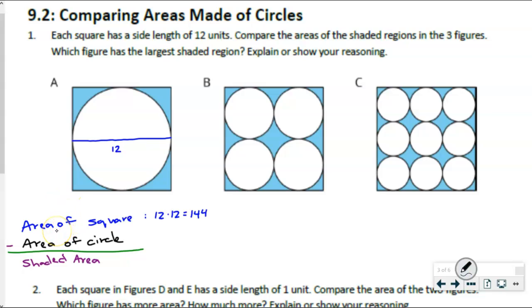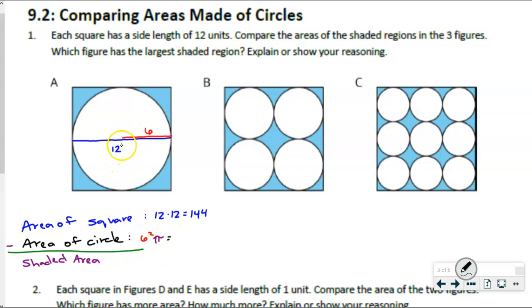The area of the circle. How do I do that? Area of the circle. Liv: Great.